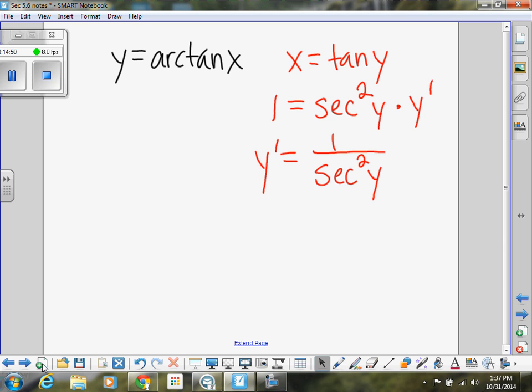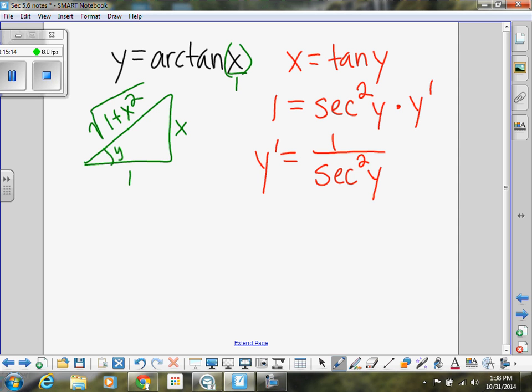So if I go back to a triangle from over here, remember this is like x over 1. So I'm going to draw my triangle. My angle is y, and I'm doing opposite over adjacent, x over 1. So what is my hypotenuse going to be? Good, square root of x squared plus 1. I'm going to just write 1 plus x squared, because that's how I have it.